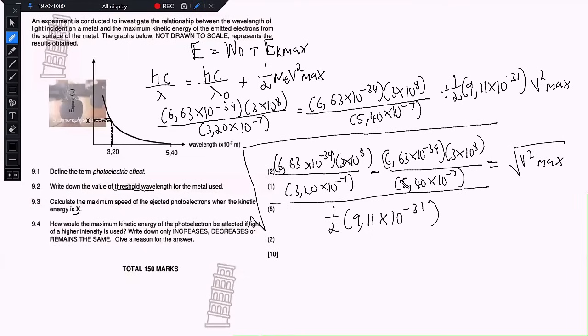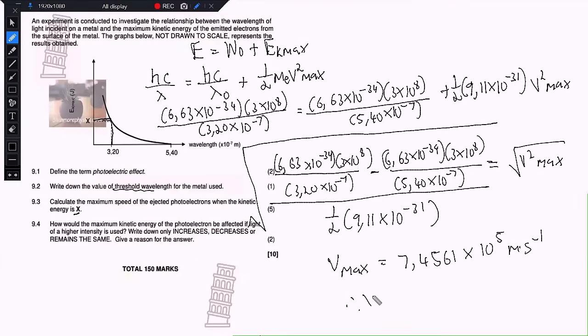If you are able to punch all of this at once in your calculator, then you'd find that your Vmax is equal to, let's keep it in scientific notation, 7.4561 times 10 to the exponent of 5 meters per second.